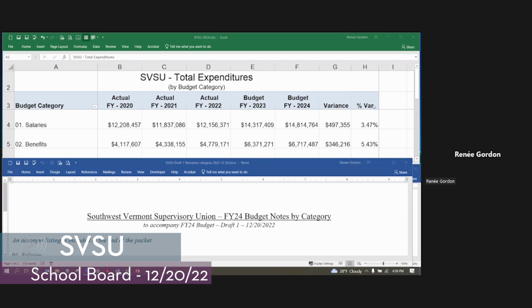And behind that is the narrative associated with a department, specialty or function. And then the last item is the listing of acronyms that has expanded since last budget season. So we will get started with the budget category layout.